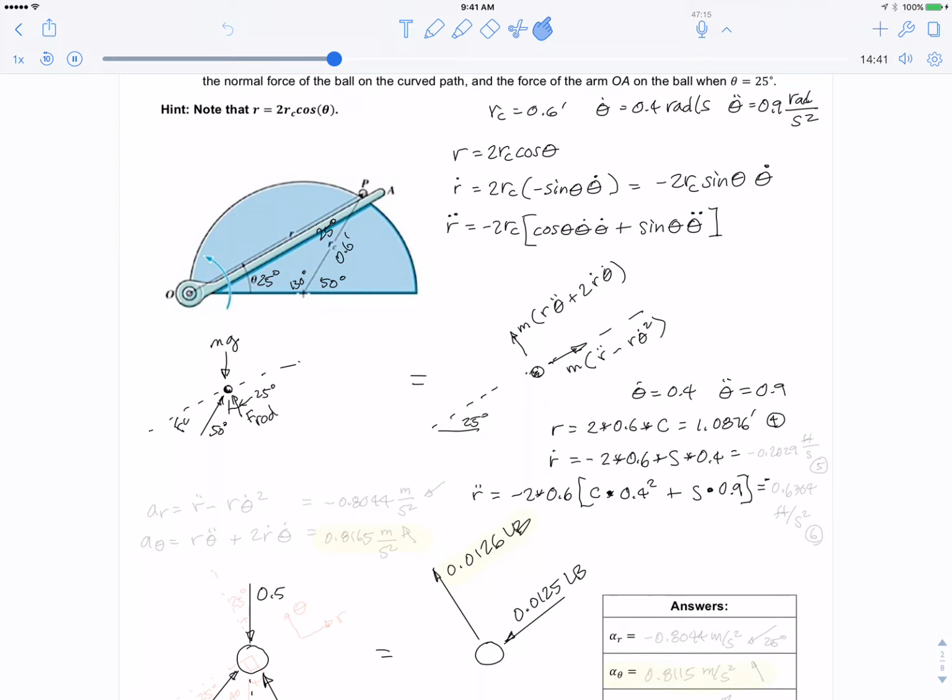And R dot is minus 0.2029 feet per second, and I'm storing that in register 5 on my calculator. And R double dot comes out to be 0.6304 feet per second squared, and I'm storing that in register 6.